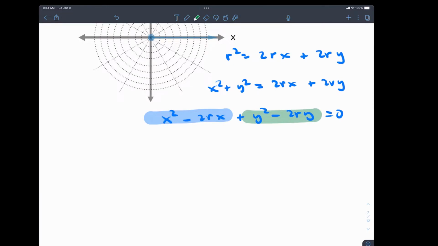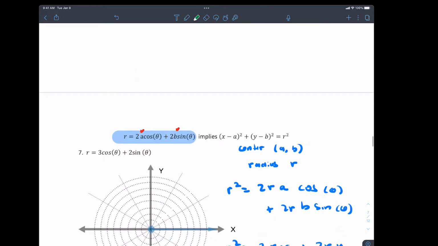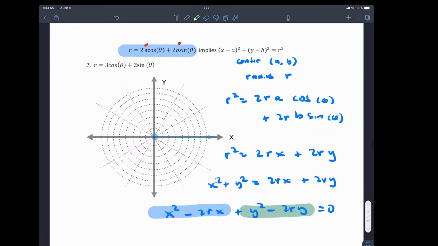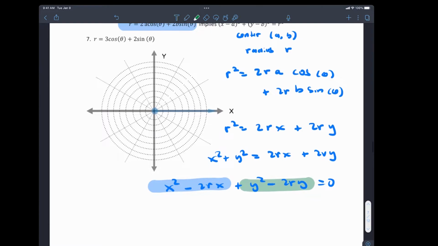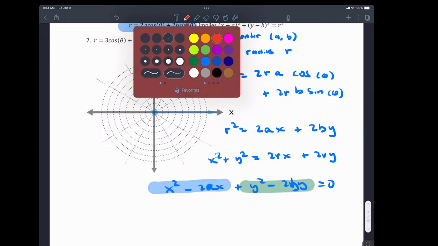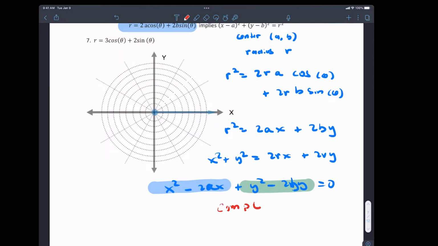And you can actually deduce the equation here that we're talking about: (X minus A) squared plus (Y minus B) squared is R squared. And anyway, I think I screwed up. Yeah, I did. This is really going to be A and B. So we can say now just complete the square.